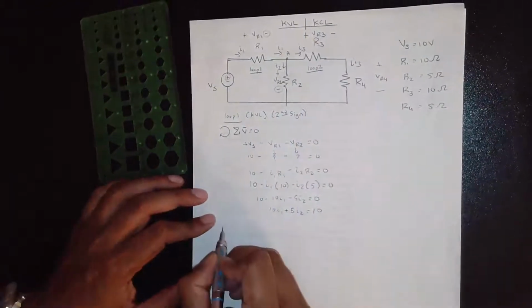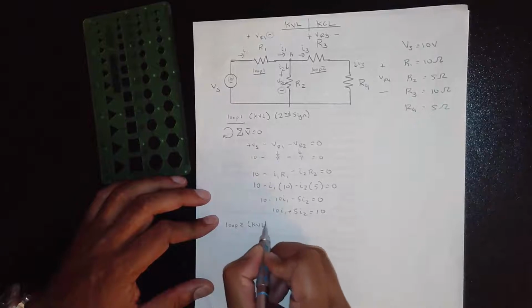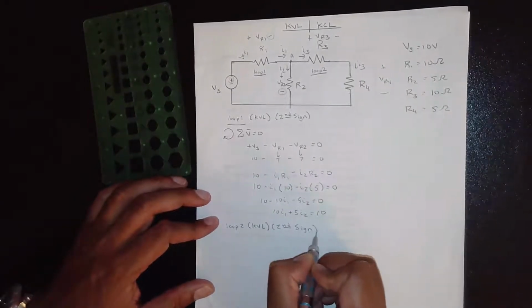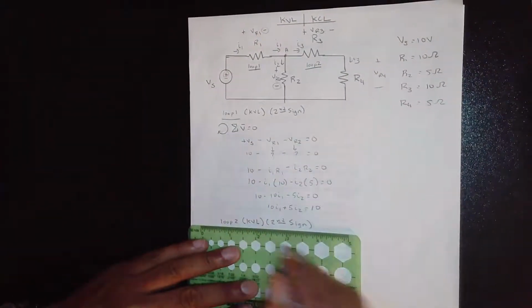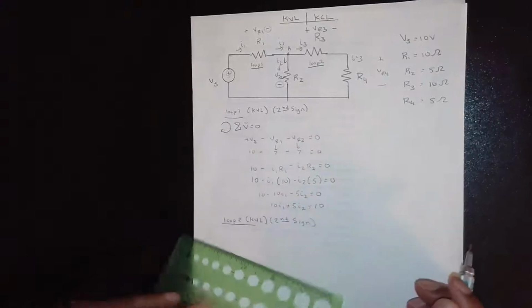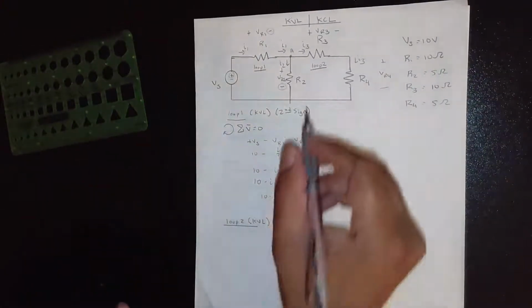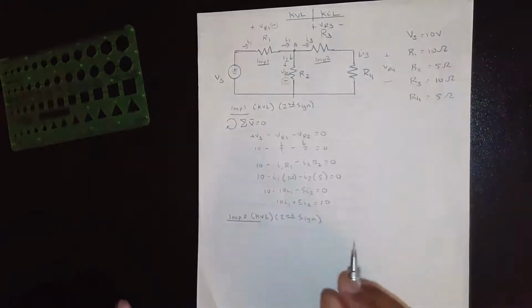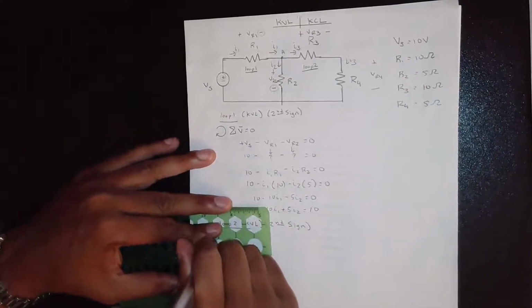Okay, loop 2, again, it's KVL, and we take second sign. Okay, second sign, and we're going to travel clockwise around the loop, right? I can choose counterclockwise, it makes no difference, but I have to be consistent.